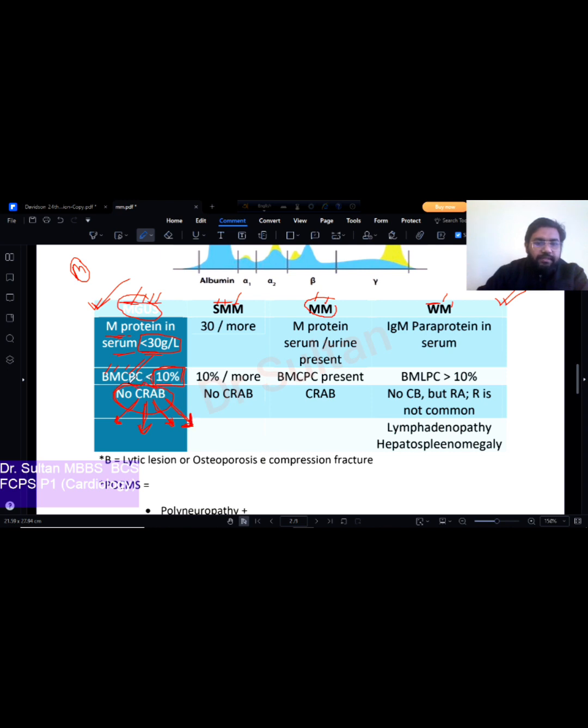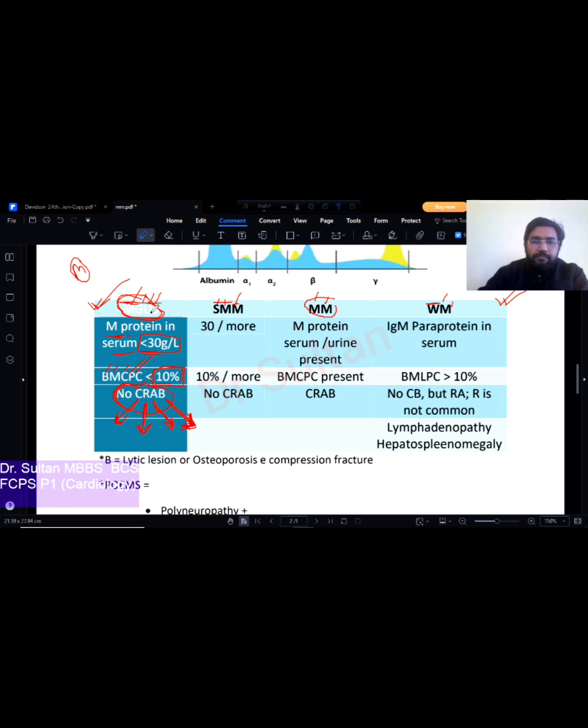So there will be no CRAB: no hypercalcemia, no renal impairment, no anemia, no skeletal or bone lesion. The bone marrow clonal plasma cell is less than 10%, and M protein or paraprotein concentration in serum is less than 30 gram per liter. So this will be the monoclonal gammopathy of undetermined significance.